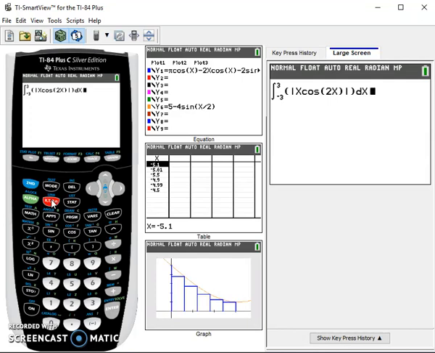But notice the absolute value has to go around the function, not around the integral. So if we do that, it takes your calculator a minute because it does it the way that we initially did it, which is with a whole bunch of little tiny rectangles. And so when it is done thinking, we get 5.425.